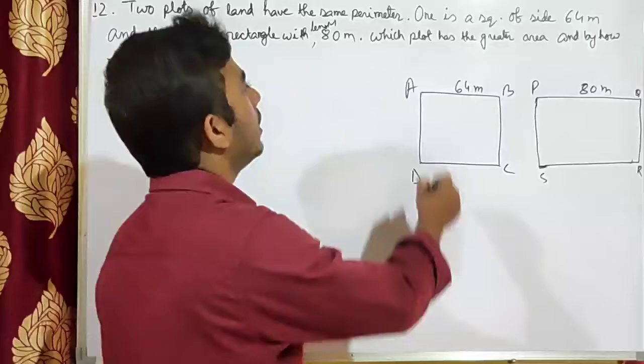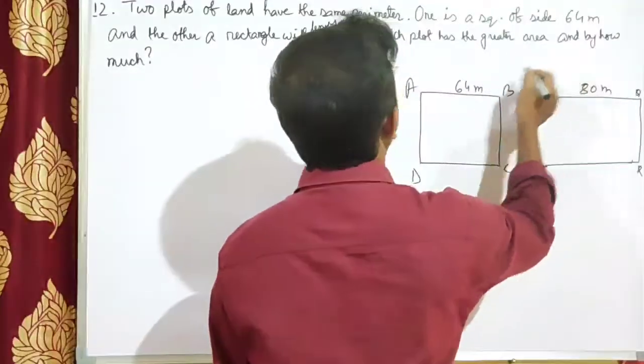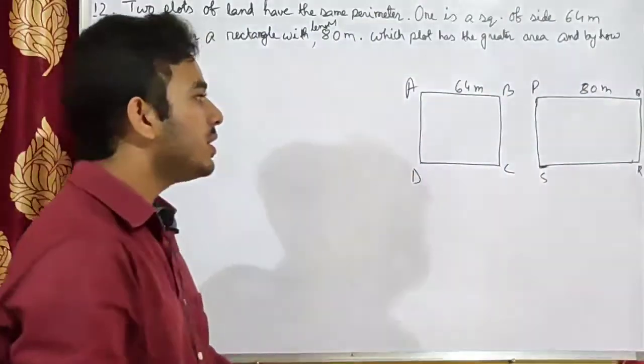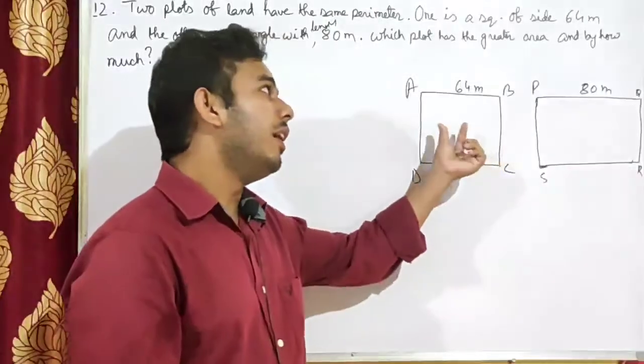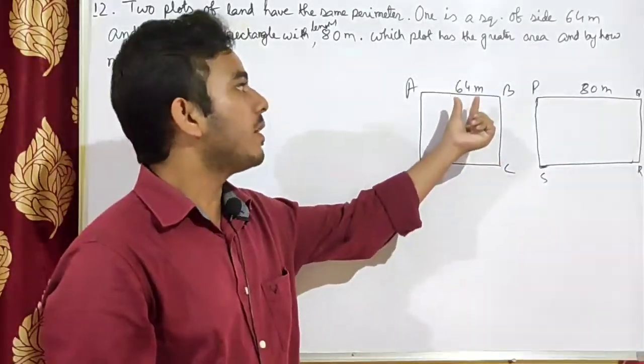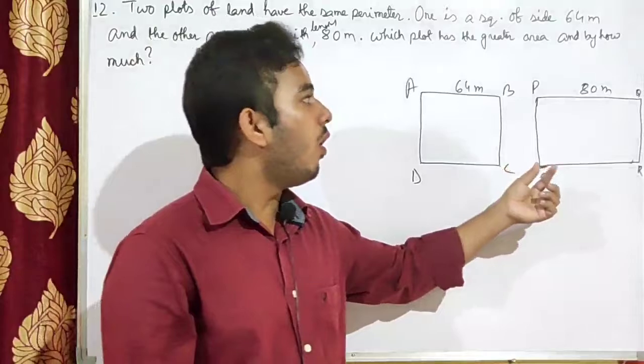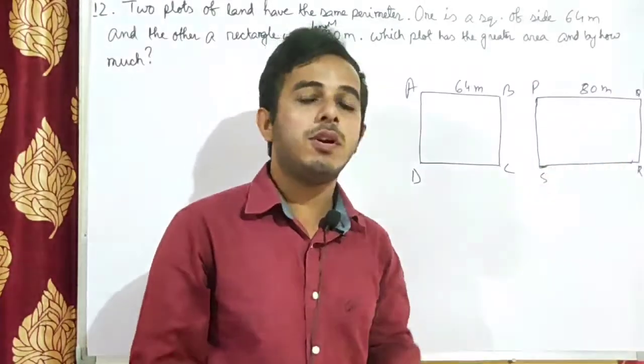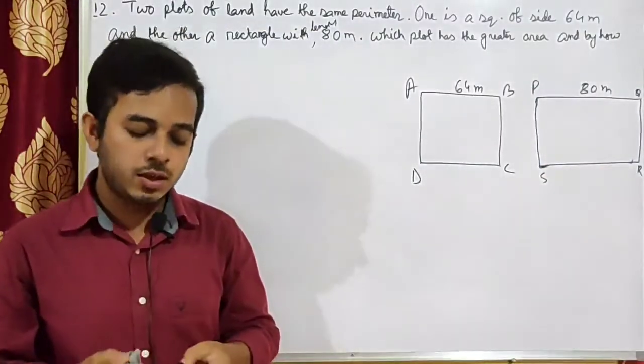Now we have to find which plot has the greater area and by how much. Is the square plot having side 64 meter greater, or the rectangular plot having length 80 meter greater? We have to find.